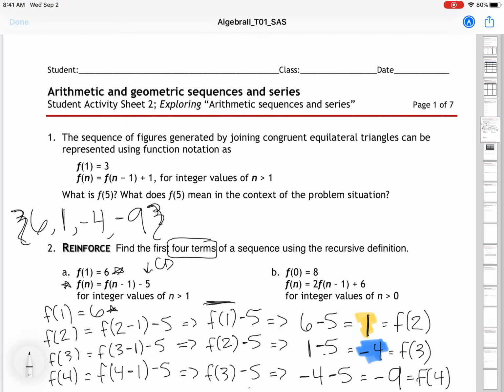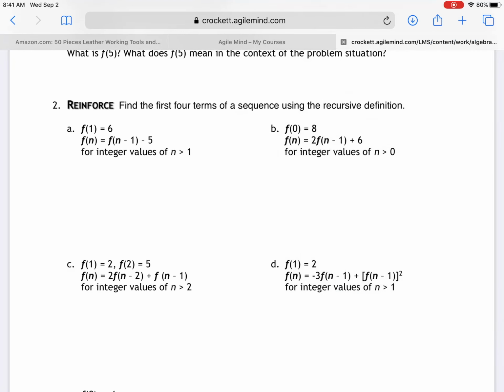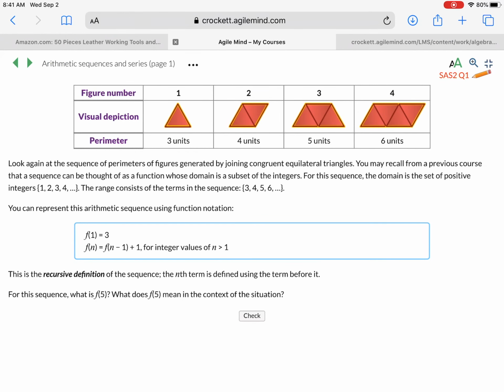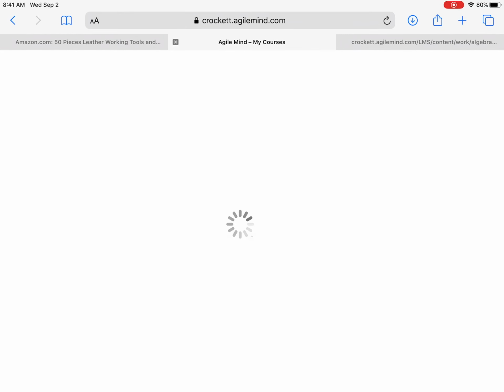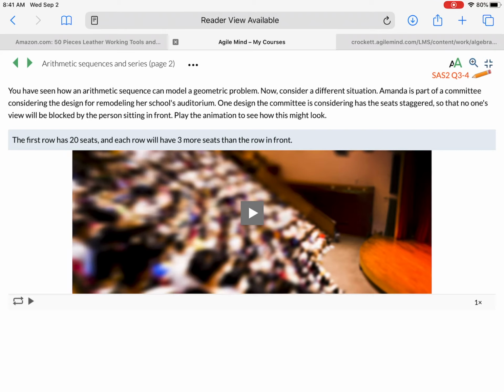All right, I want you to turn the page, and we are going to go back to Agile Mind. Okay, you're going to hit the green arrow, and you'll see that this specific page helps us answer question 3 and 4. Okay, so it says, you have seen an arithmetic sequence can model a geometric problem.